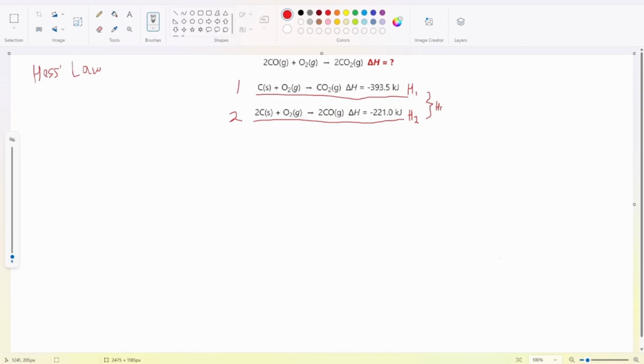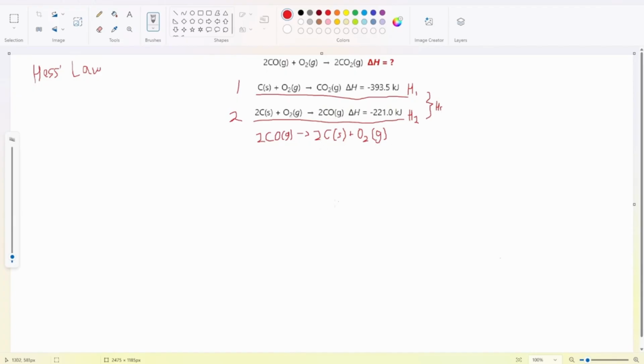And when you flip it, nothing happens over here, nothing happens in this vicinity, but the delta H has to reverse. In this case, it's negative, so it will reverse to positive. Now, let's just focus on flipping this first. So we'll flip it into 2CO gas going into 2C solid plus O2 gas.